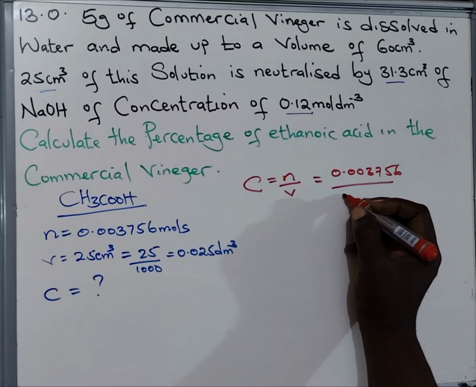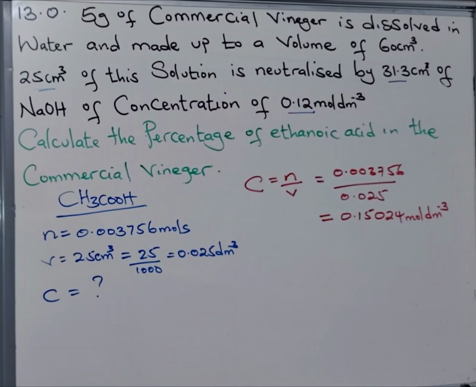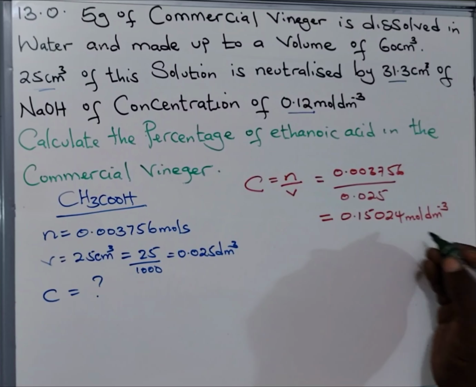What's the volume? 0.025. This gives you the concentration in moles per cubic decimeter. So we have it now as 0.15024 moles per cubic decimeter. So this is the concentration of ethanoic acid.